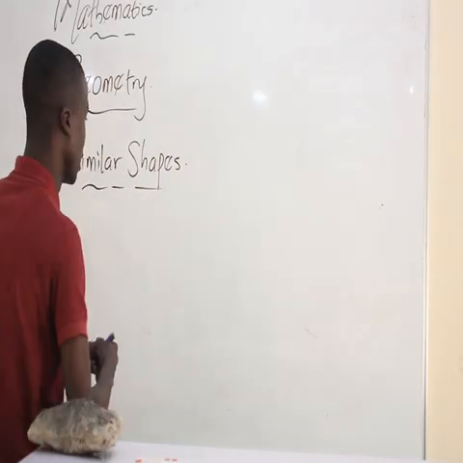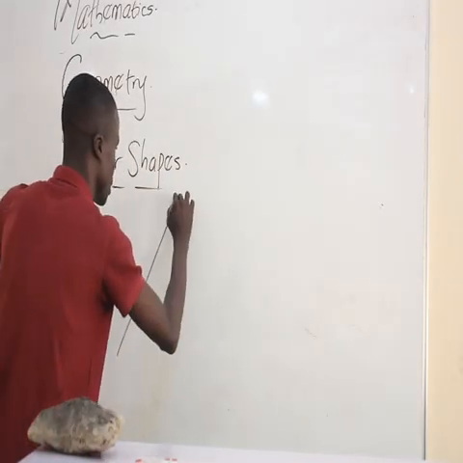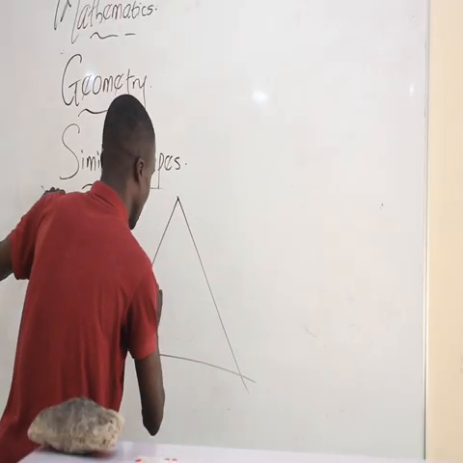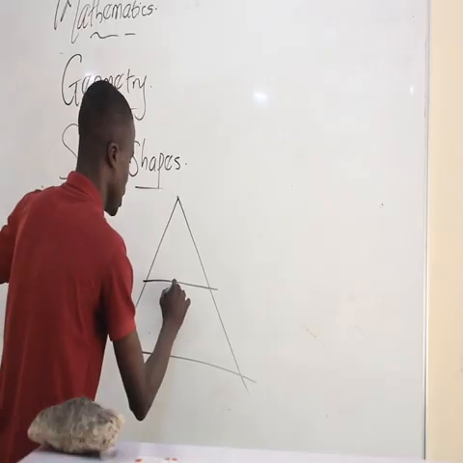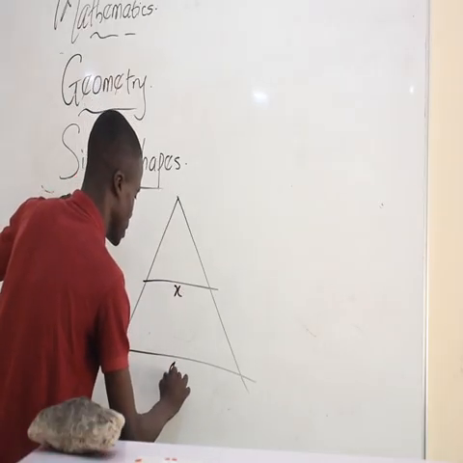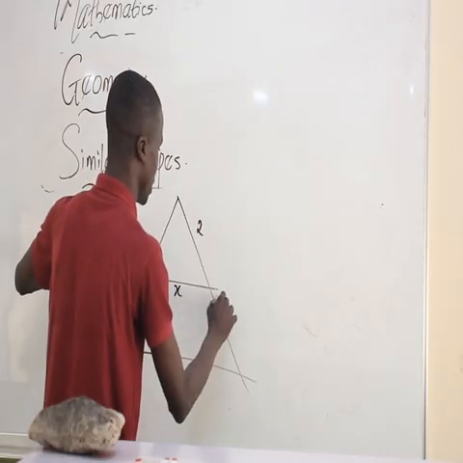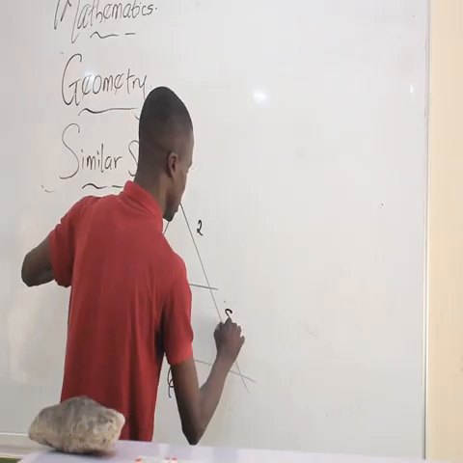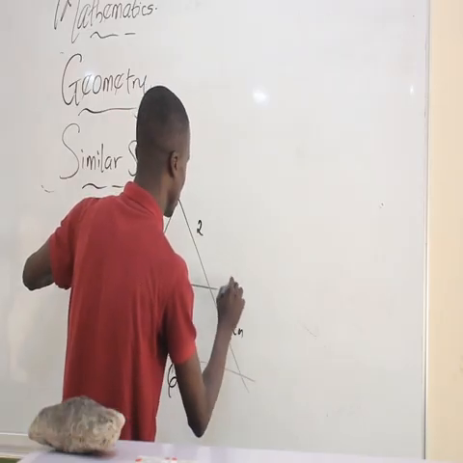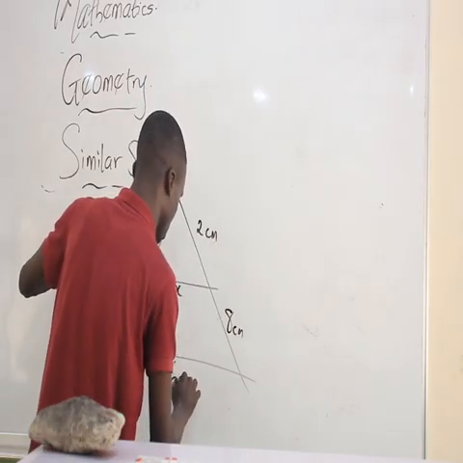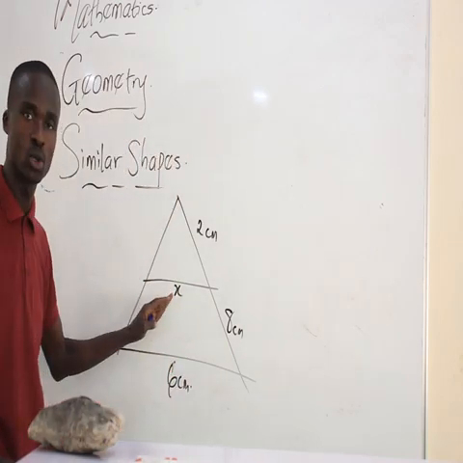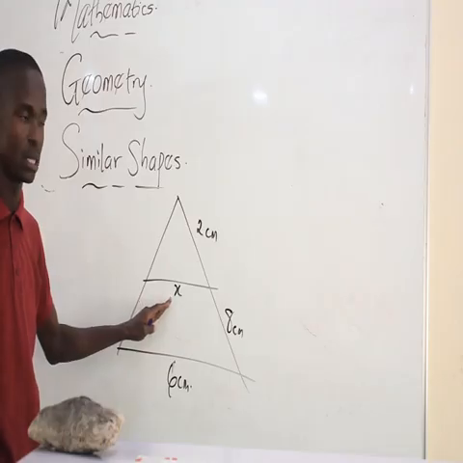Imagine you are given a shape like this. You are given a big triangle like this, and over here you have x, you have 6 here, you have 2 here, you have 8 here, all in centimeters. And you want to know what the unknown is.